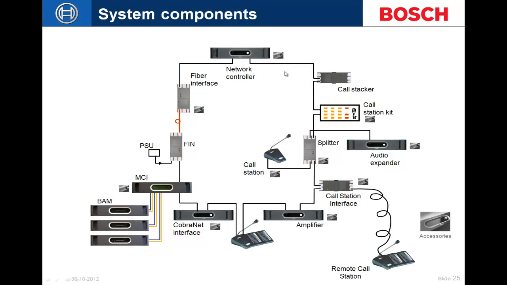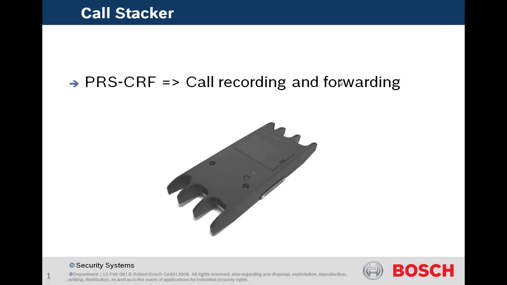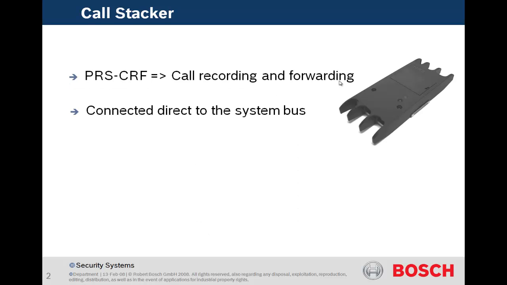Our next piece of gear we're going to go over is our call stacker. Call stacker is basically going to handle any collisions that should happen within the Praesideo system. It does have 256 levels of priority, but if there is any kind of collision, or if you are in the middle of a call and your call is stepped on, or if you're stepping on somebody else's call, essentially the call stacker is going to be able to play back that message or live speech in its entirety after that zone that you're trying to page to is freed up.